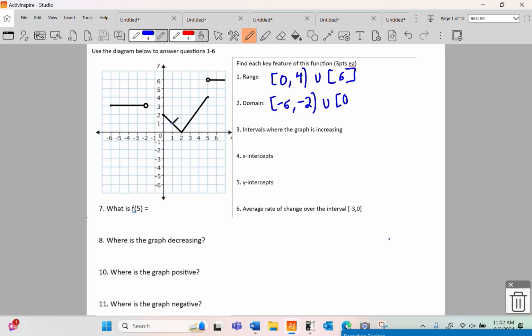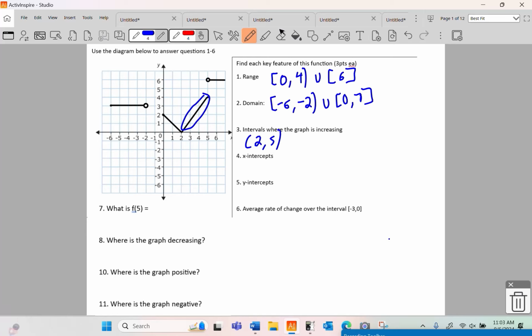So it runs from 0 to 5 on to 7. And then it stops. All right, there's no arrow. It stopped. Intervals where the graph is increasing. The only interval I see where the graph is increasing would be here from the x value of 2 to 5. Those always use parentheses, just the way they are.